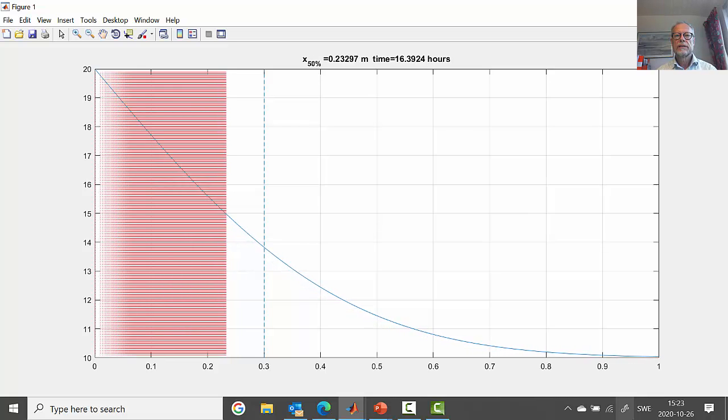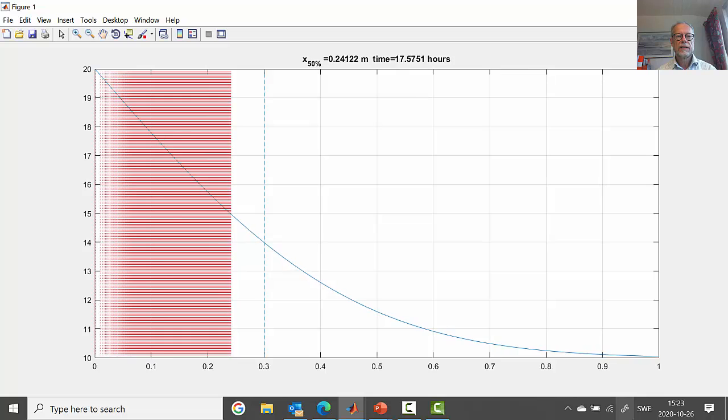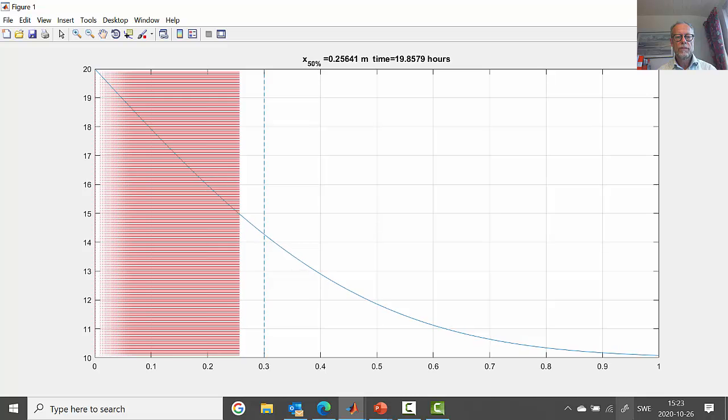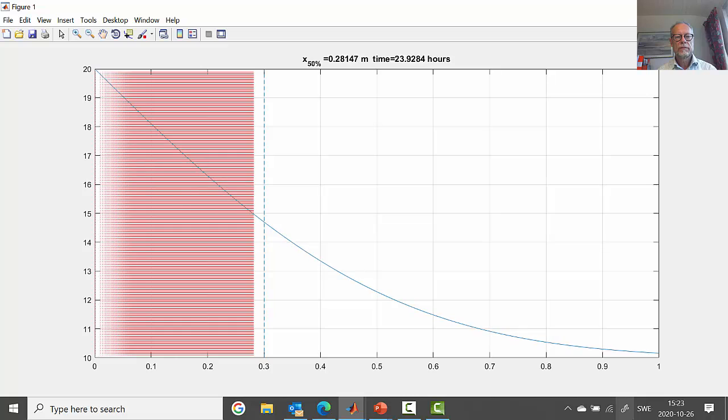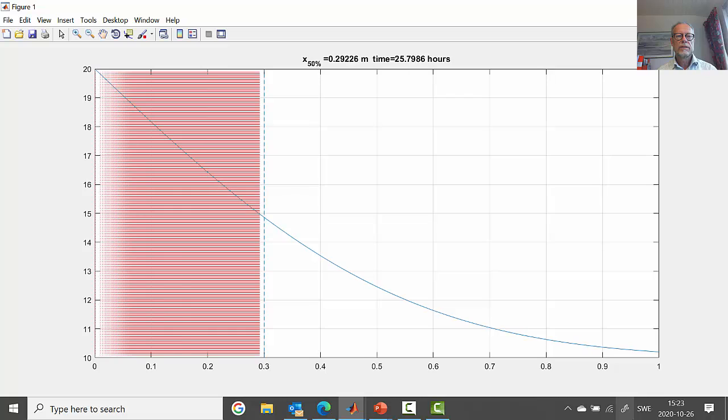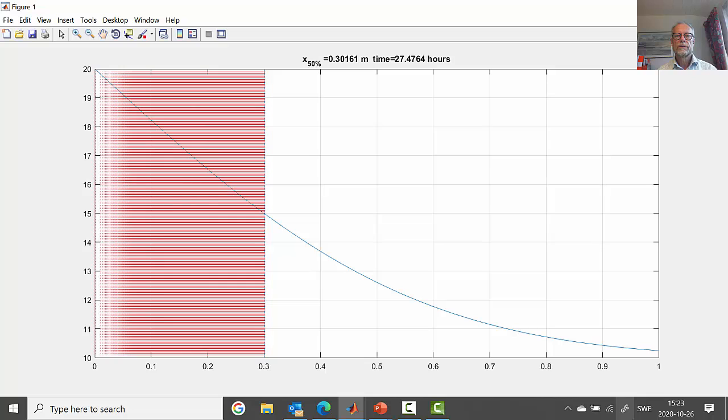Now the simulation has run 16 hours, 17 hours, and it soon reaches the depth of 0.3 meters into the material. And if everything is working correctly, it should take around 25 or exactly 27 hours. You see it goes slower and slower. In the beginning it goes quite fast, and then it goes slower and slower. And there we go, 27 hours we have reached, or that's an approximation, 25 hours.